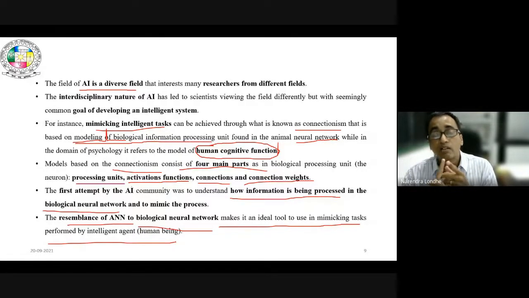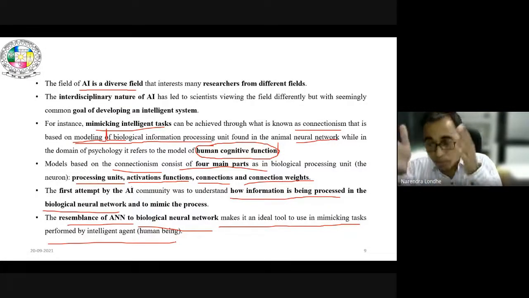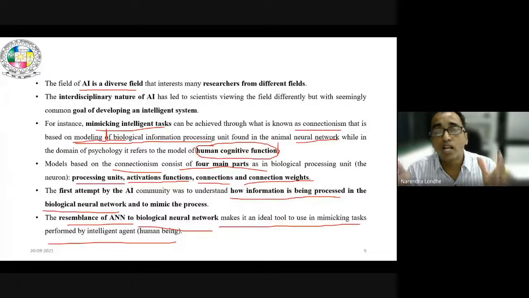Second thing is that, for developing any intelligence, you require a lot of data to train the network, right? If you want a better intelligence, you have to give as much data as possible to the network to train itself. And that is exactly what is happening in the present time, in the deep learning era, where we can provide larger data.